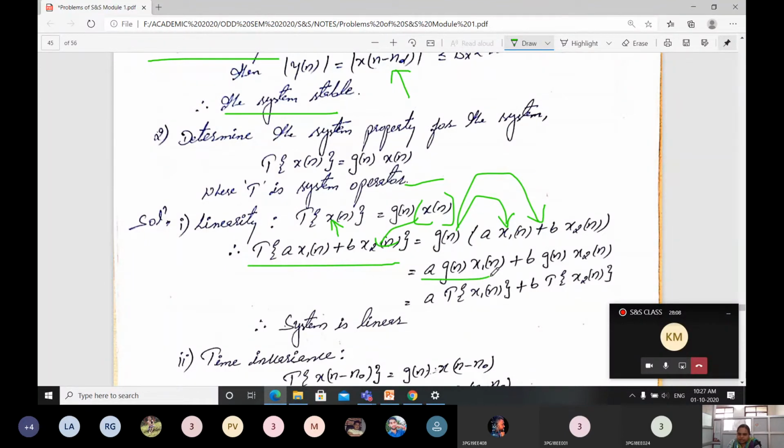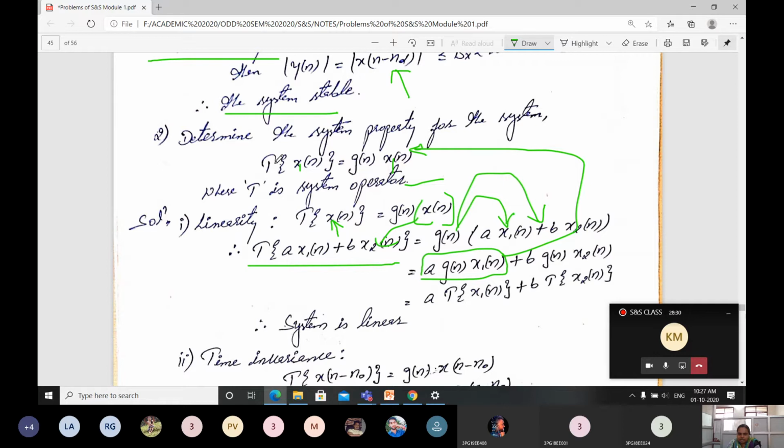This a g of n x1 of n is nothing but, observe here, T of x of n is g of n x of n. If I change to T of x1 of n, what is the change at the output? It is also going to change to g of n x1 of n, right?